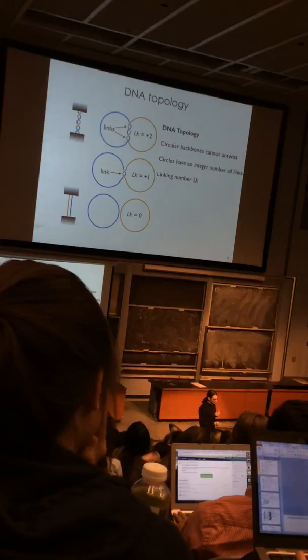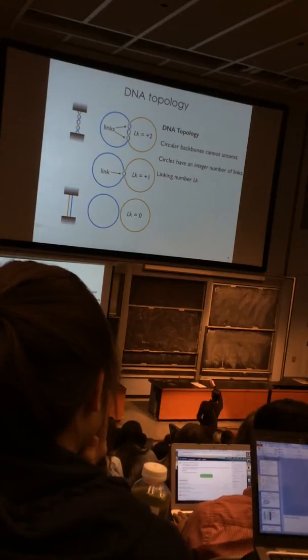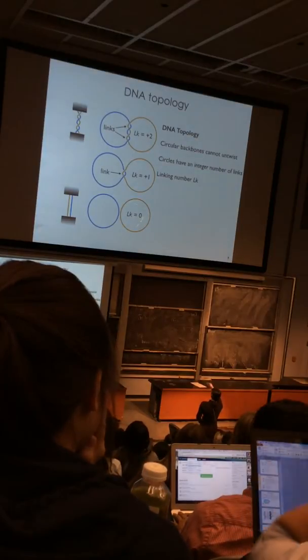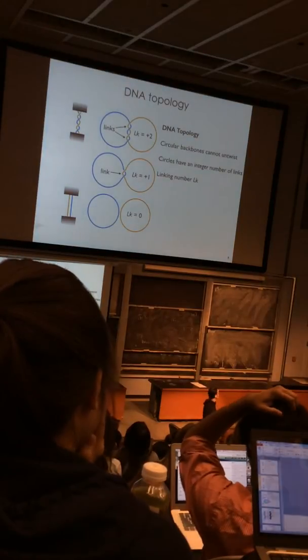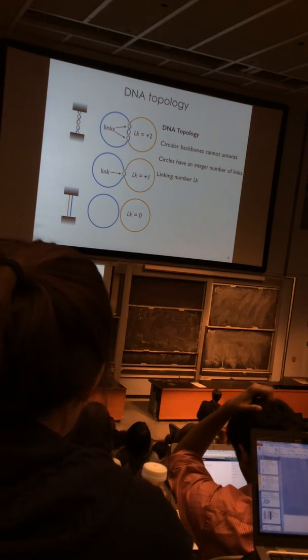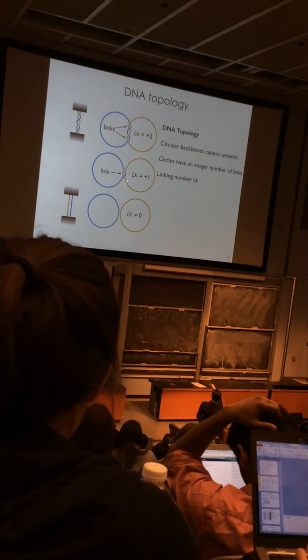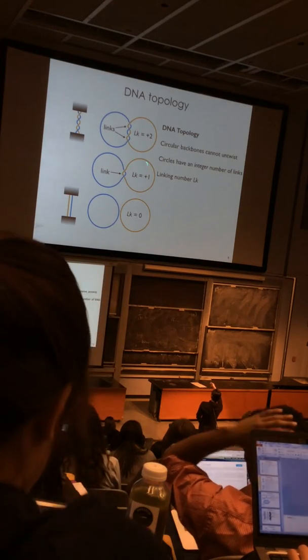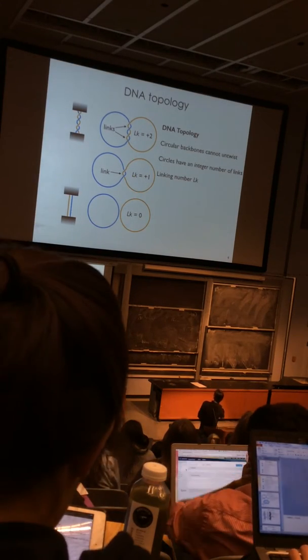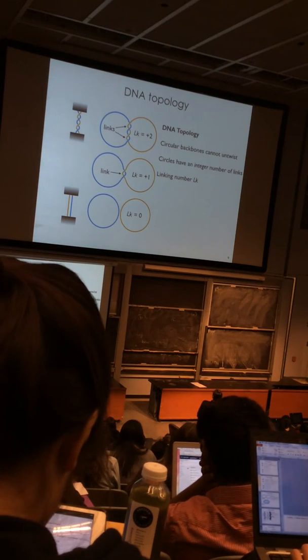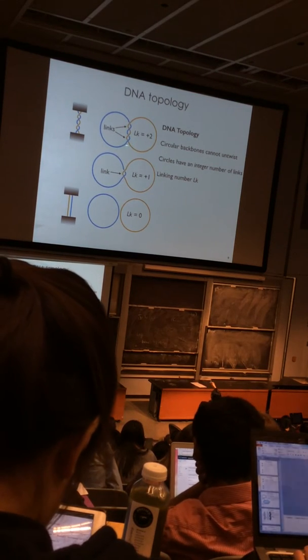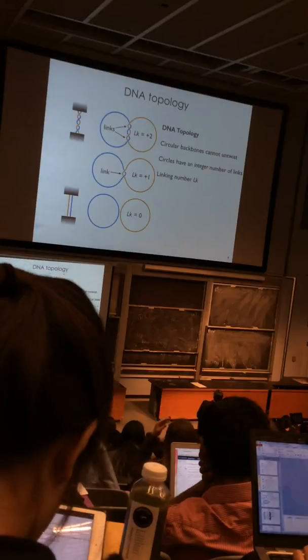So we're going to talk a lot about the linking number of these strands, and here I'm showing you on these circles that they are completely unlinked, so they have a linking number of 0. Whereas here, there's a single place where this yellow strand crosses around the blue strand, and there's a linking number of 1, and here a linking number of 2 for the two places the yellow strand crosses around the blue strand.